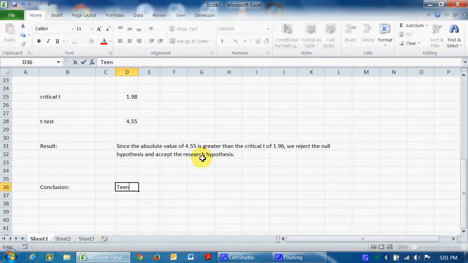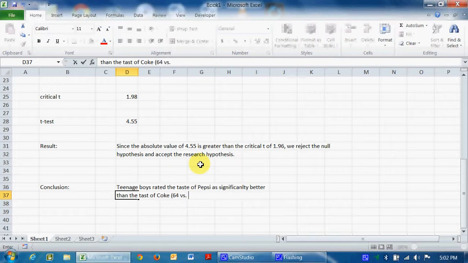We're going to say teenage boys, actually boys isn't capitalized, I want to do it right, rated the taste of Pepsi as significantly better than the taste of Coke, 64 to 55. And that would be a correct statement.